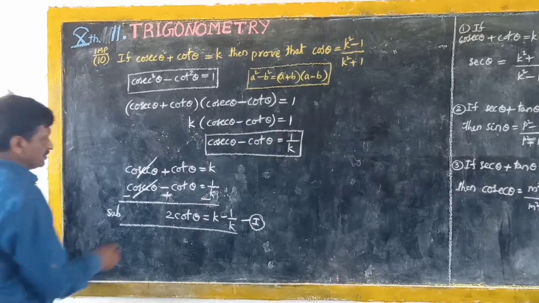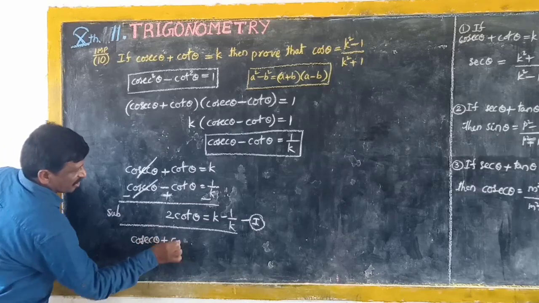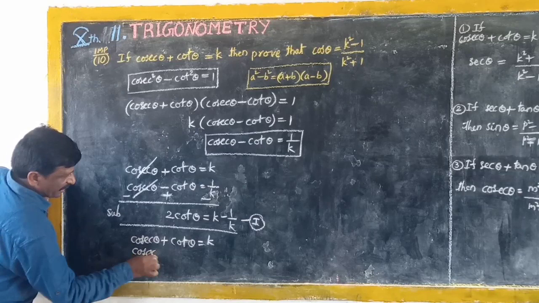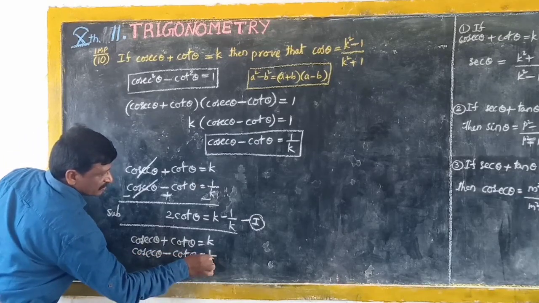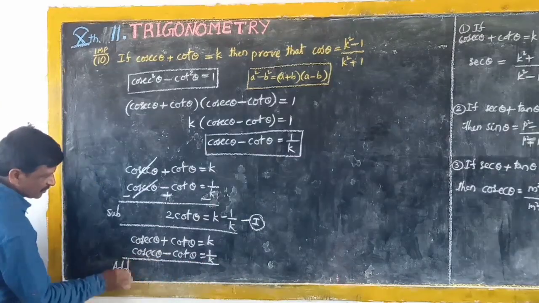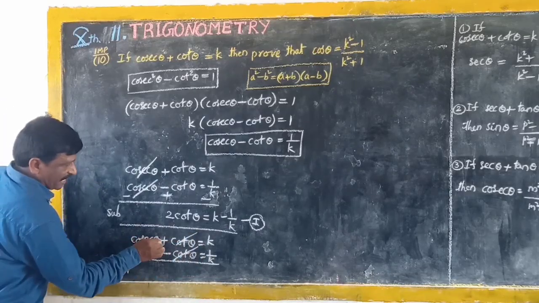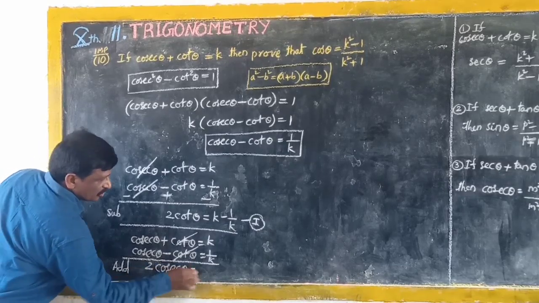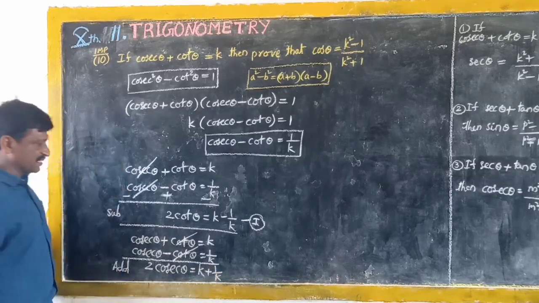Next, in the same way, cosecant theta plus cot theta is equal to k, and cosecant theta minus cot theta is equal to 1 by k. Now adding: cot theta cancels, and cosecant theta plus cosecant theta gives 2 cosecant theta is equal to k plus 1 by k.